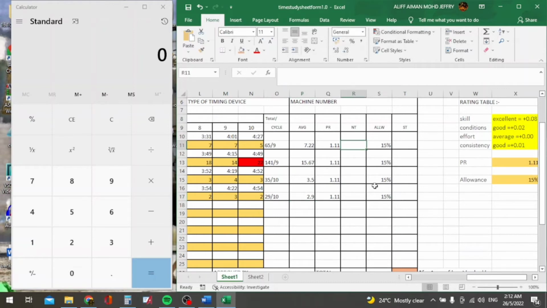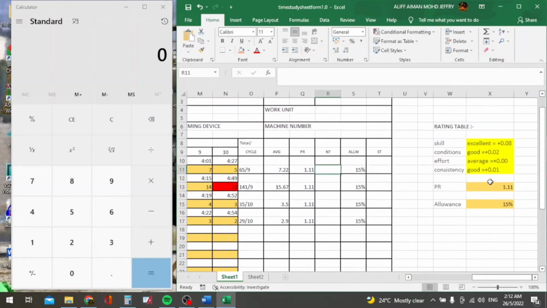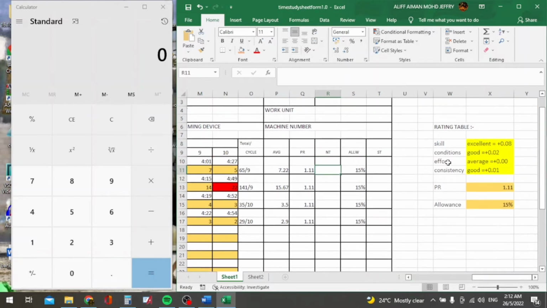Okay, for the performance rating, where do we get it? We get it from the rating table, for the person who was wrapping the nasi belaut.